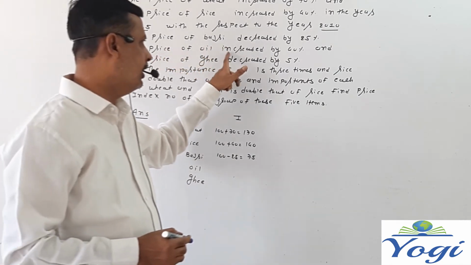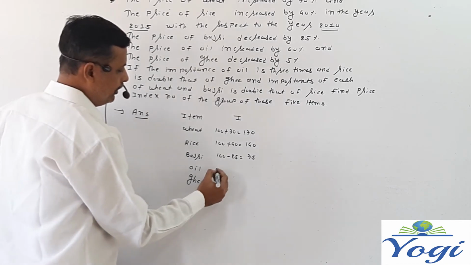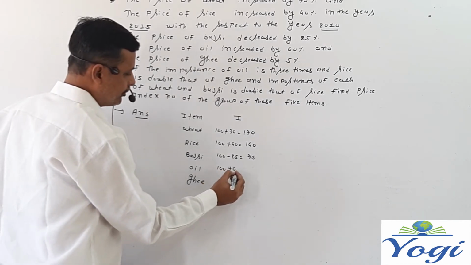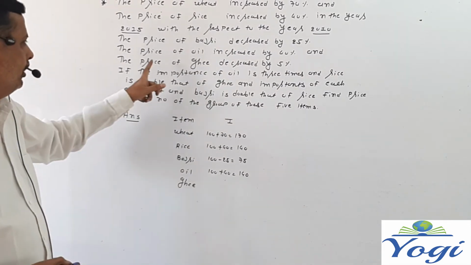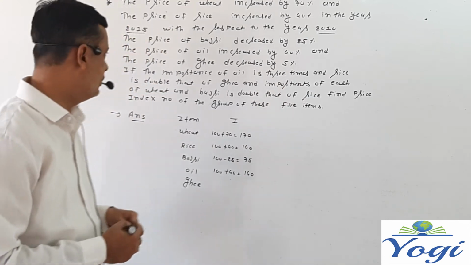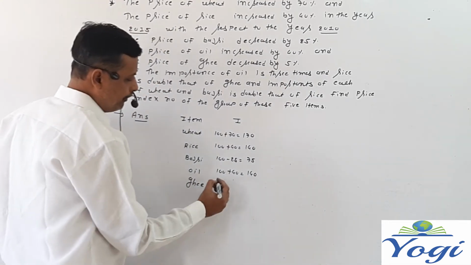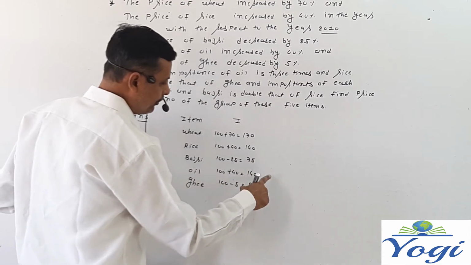The price of oil increased by 40%, 100 plus 40 become 140. And the price of ghee decreased by 5%, 100 minus 5 become 95.